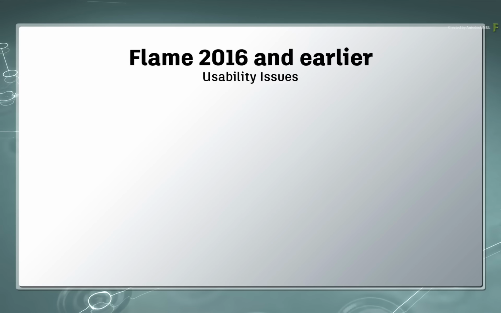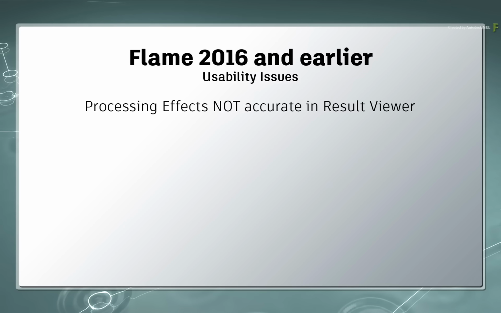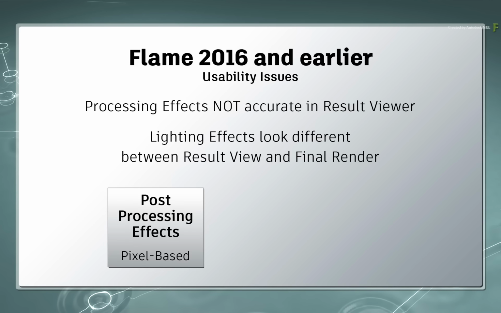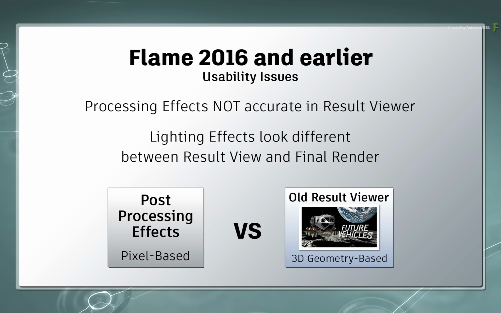The issue that came up was that a lot of processing effects were not exactly accurate when working in the composite. So certain lighting effects would look one way in the composite, and then totally different when rendered. The reason for this is that the post-processing effects are pixel-based, unlike the old result viewer, which is geometry-based.